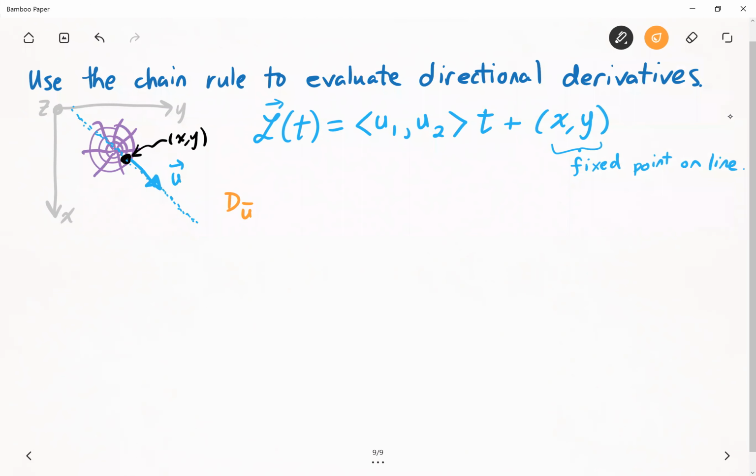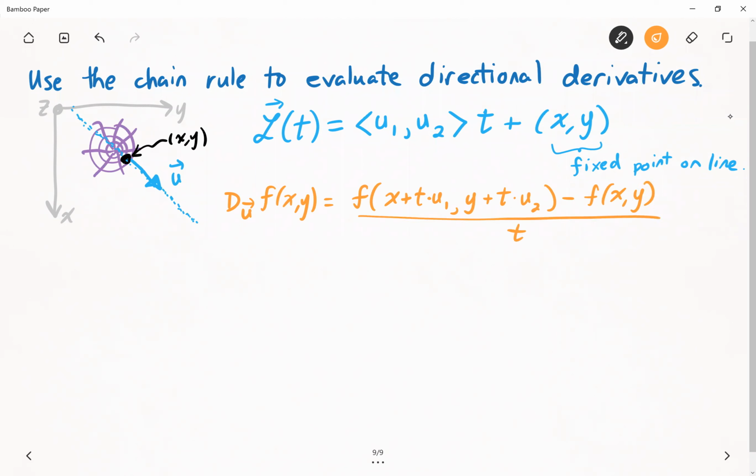Right, and before, we wrote that as f of x plus t times u1 comma y plus t times u2 minus f of xy all over t. Oops, I should have really put a limit as t goes to 0. So I'm going to go ahead and suppress that notation for a bit.